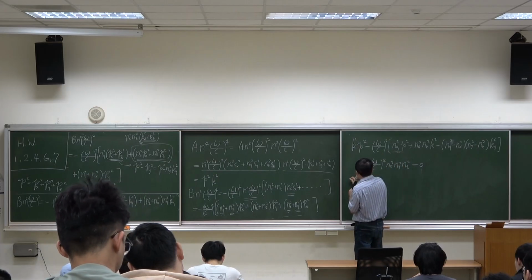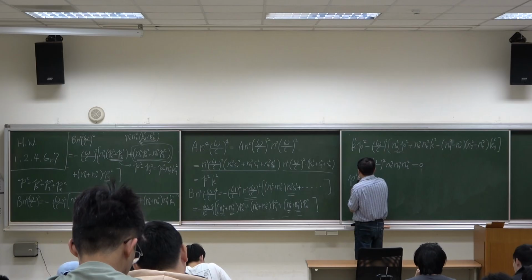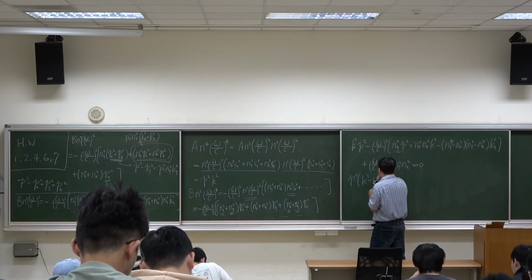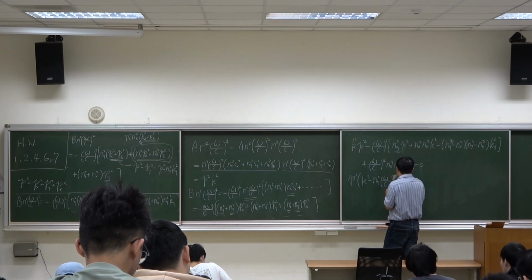see this one. We have p squared times k squared minus ny squared omega over c squared.